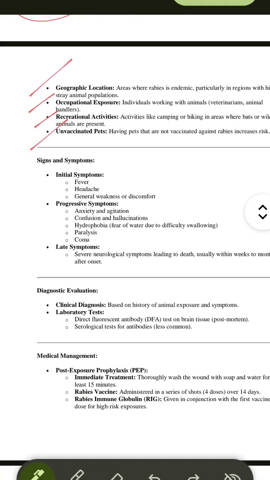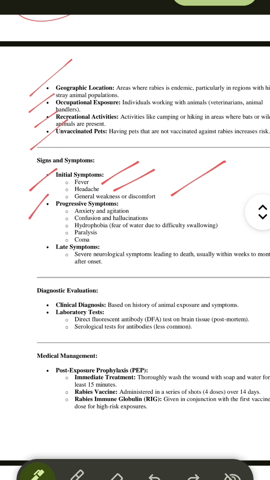Next we'll move on to the signs and symptoms of rabies. Initial symptoms include fever and headache. The person will feel headache, and general weakness or discomfort in the initial stage.